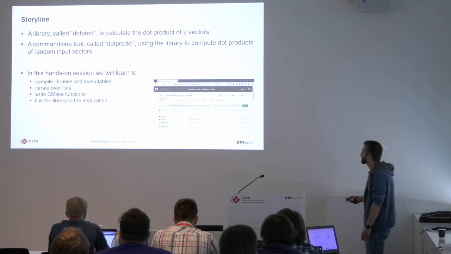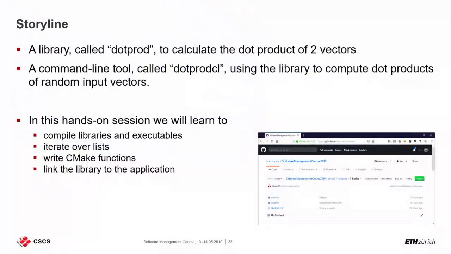OK, so this is the setup. And now all these exercises are around one library and an executable. The library is called .prod, which calculates the dot product of 2 vectors. And an executable called .prodcl, which is a command line tool to calculate the dot product of random vectors.